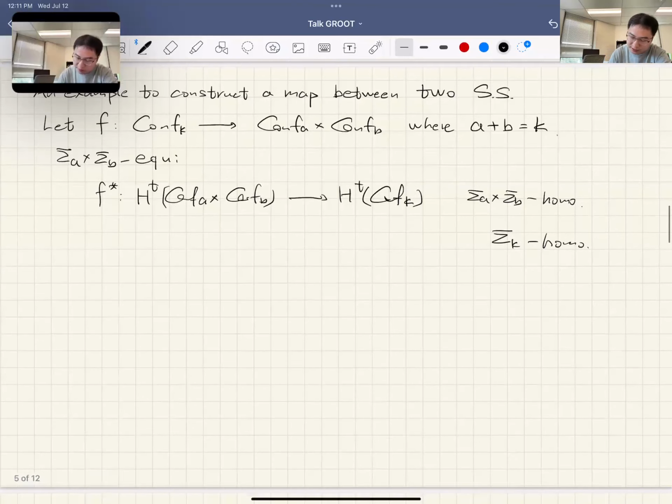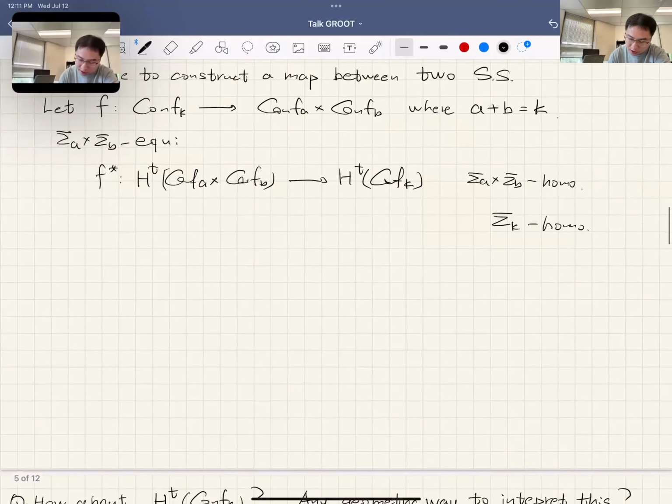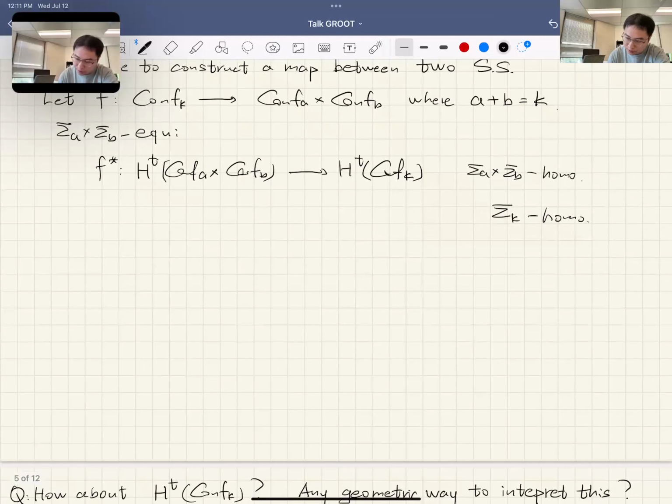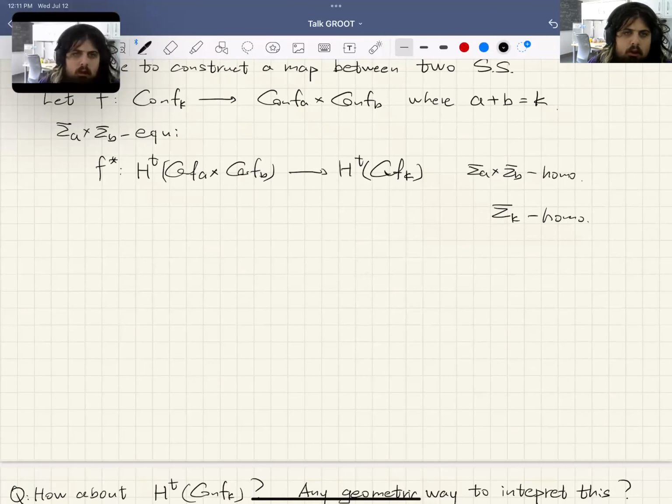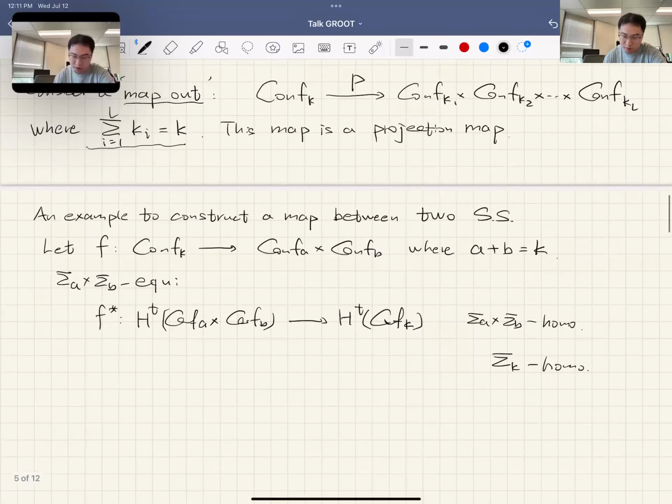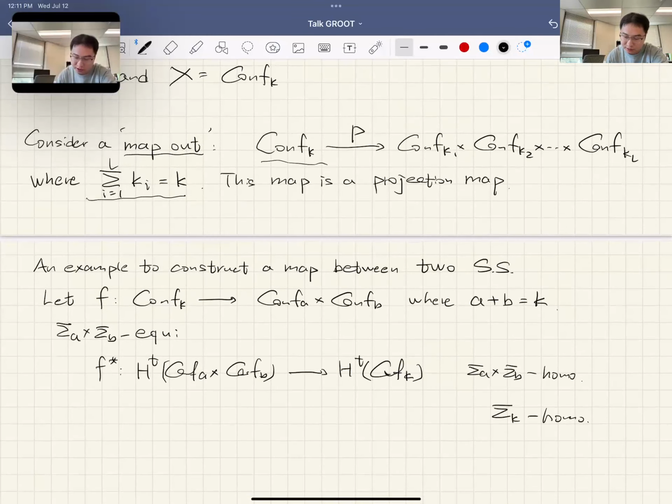So I just apply the universal property of the. How exactly is this map a projection? Oh, so why is this map a projection? Yes.